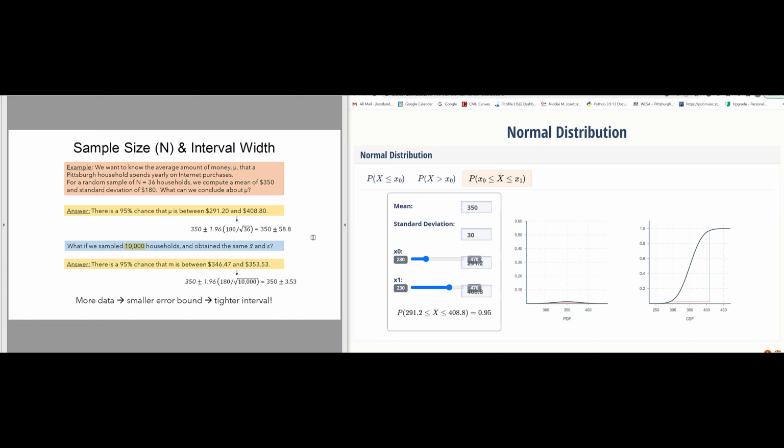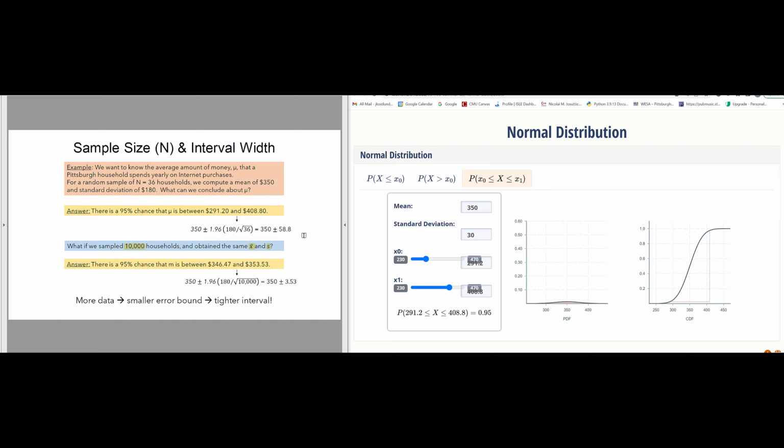That would reduce the standard error of the mean significantly. So suppose that we did go out and sample 10,000 households, and in this 10,000 household sample, purely by luck, we got the same sample mean, and purely by luck, we got the same standard deviation.